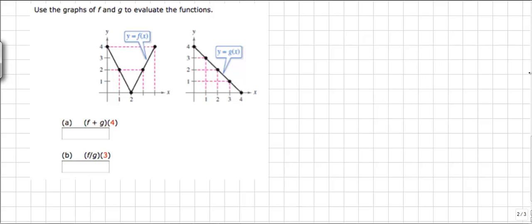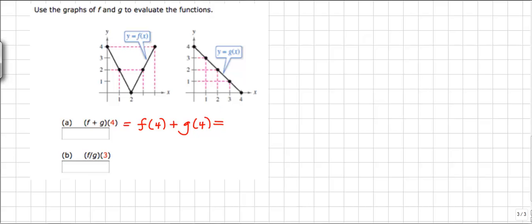Now what if you're given instead two graphs and asked to do the same thing? So you want, for example, in part A, you're given a graph of f, you're given a graph of g, you have ordered pairs for each, and you want to do f plus g of 4. So you'll have f of 4 plus g of 4.